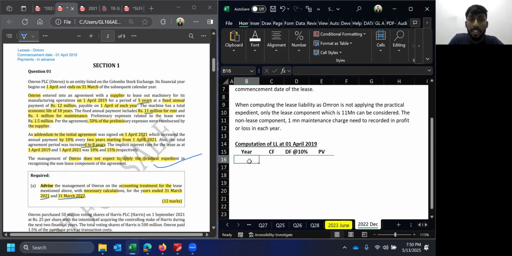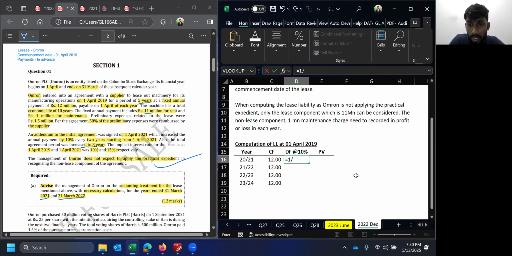So year one is 2020, then 2021, 2022, 2023, 2024. That's how the years are going on. So cash flow 12 million. Discount factor at 10%: 1 divided by 1 plus 10%.